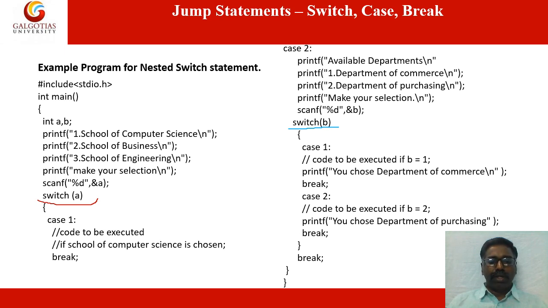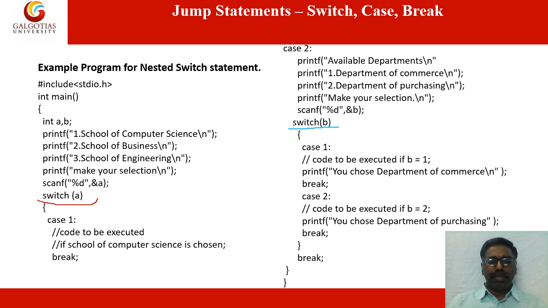If the user suppose selecting the case 1, then there is no use for the switch B. But if the user selects the case 2, now what happens? If the user wants to know the details about the school of business, then obviously he will select 2 in the outer switch, so that the case 2 will be evaluated, and then in case 2 a menu-like structure will be printed.